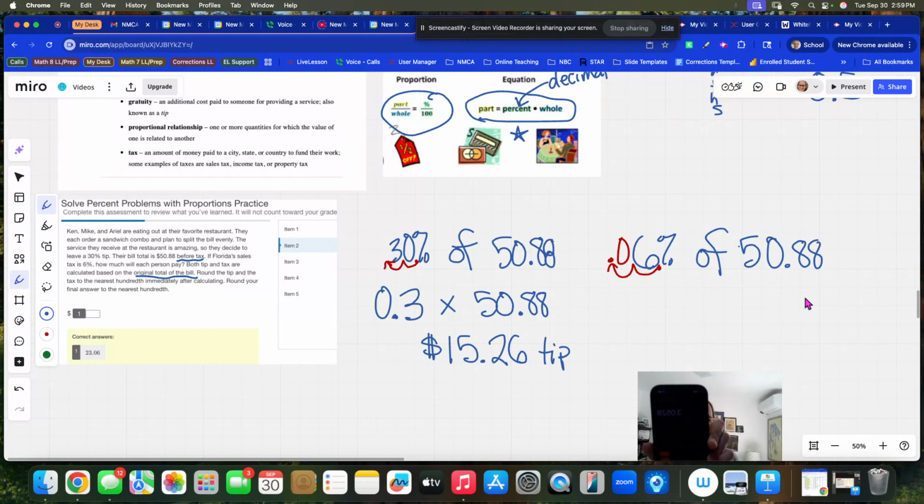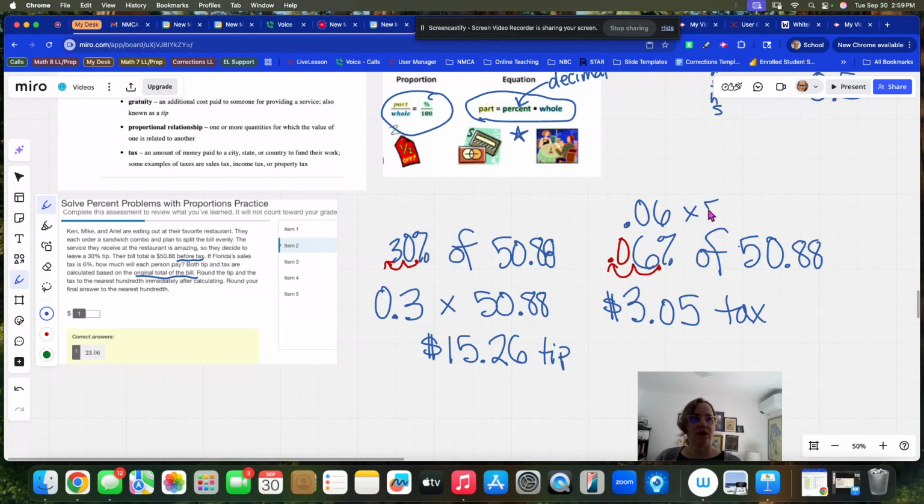So $3.05 if I round that off to the nearest hundredth. This is tax. And again, this was 0.06 times 50.88.